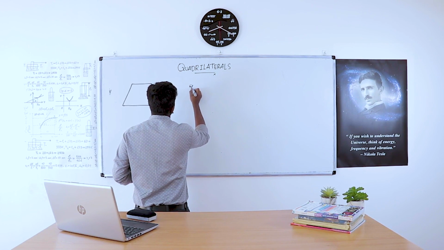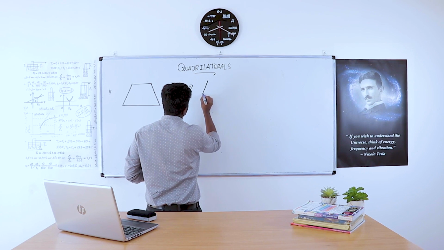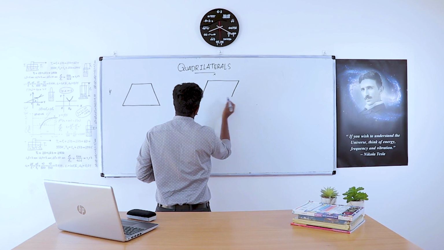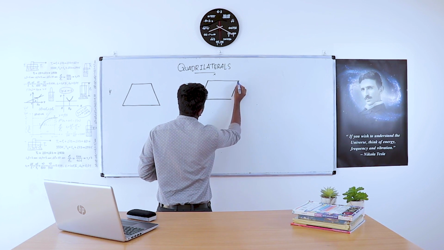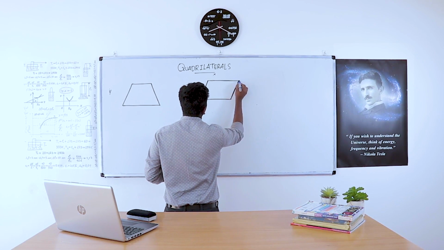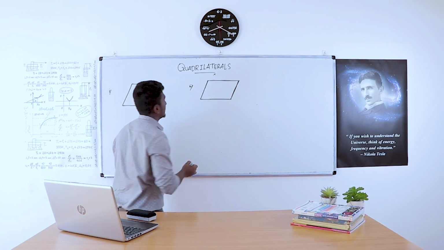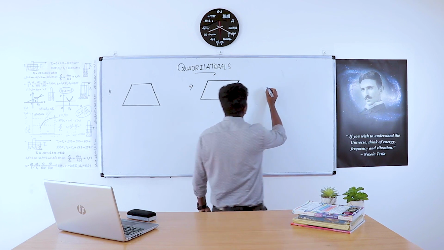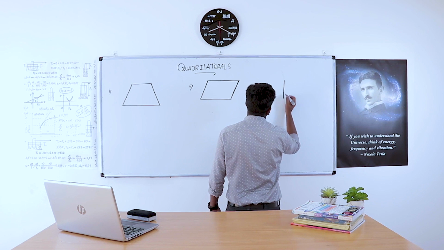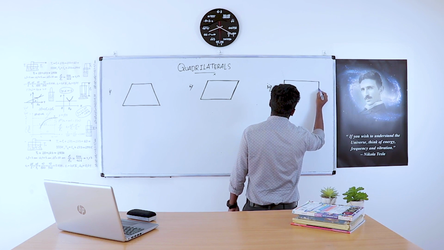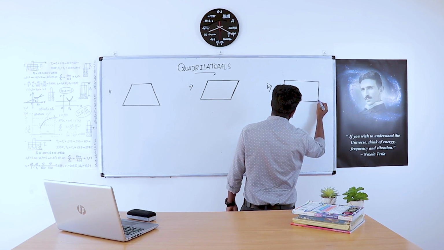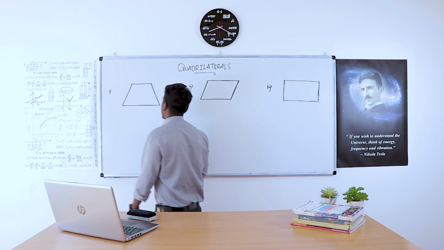Then moving to the second one. This is our second quadrilateral. Moving to the third. This is our third one.